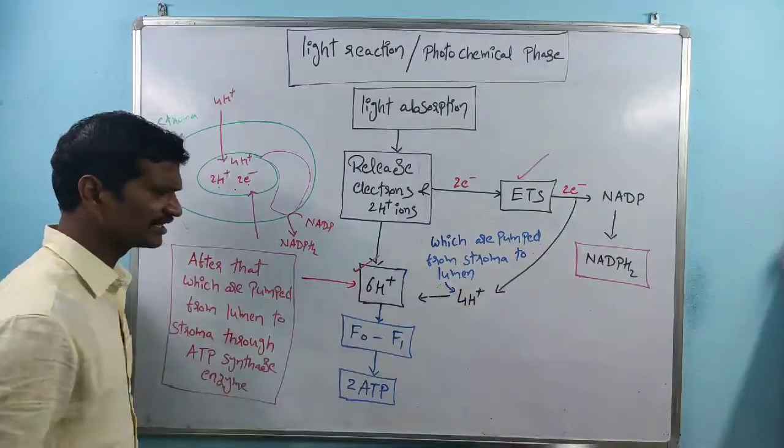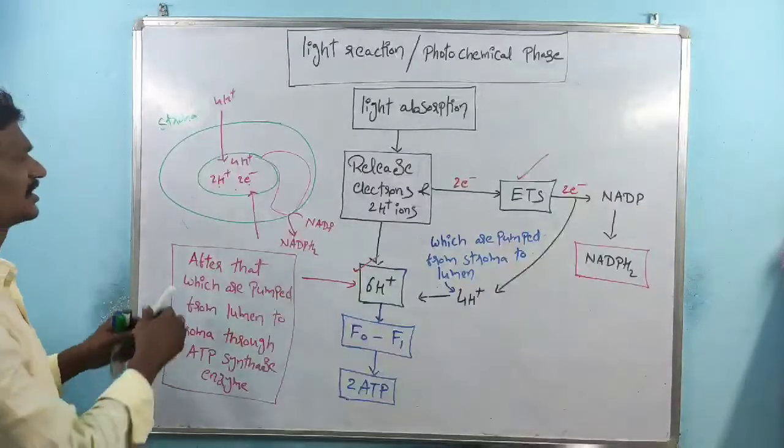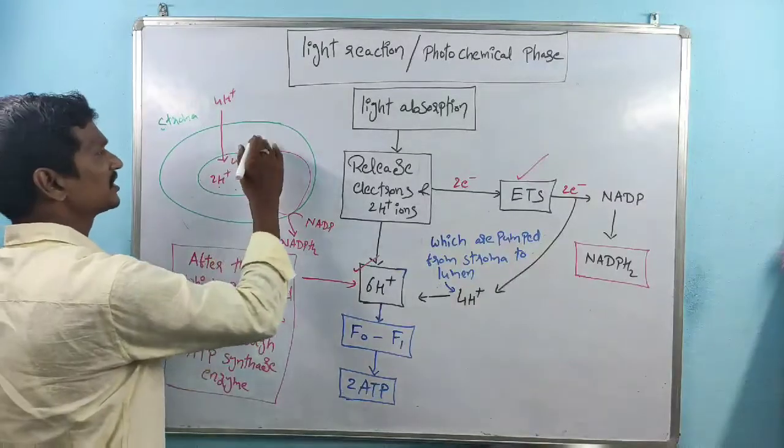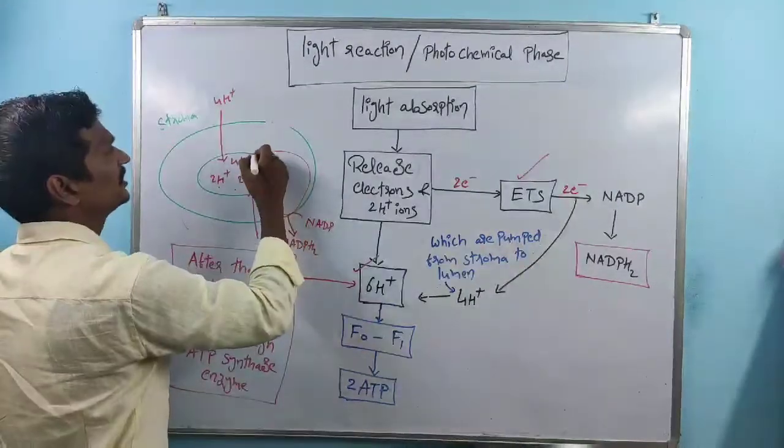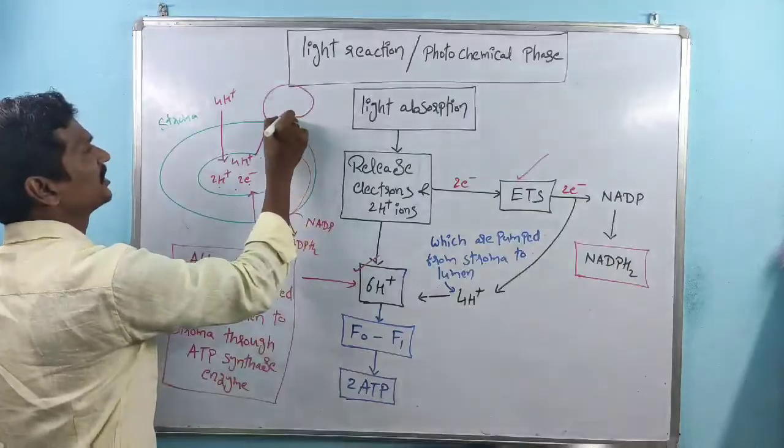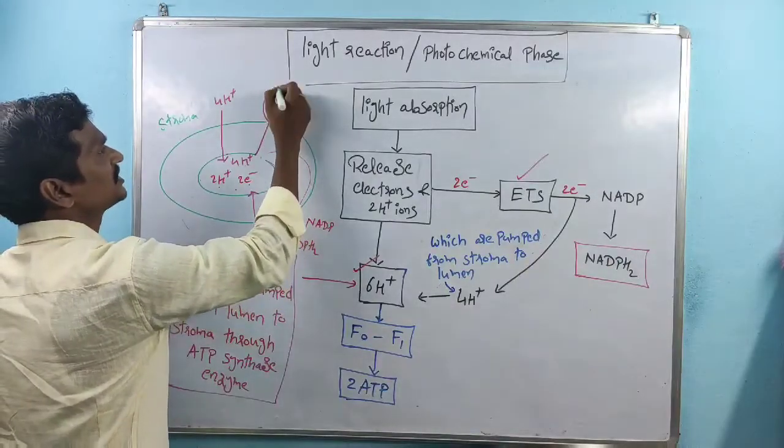Totally 6 H plus ions are present inside the lumen, and these H plus ions are transported only through the ATP synthase enzyme.